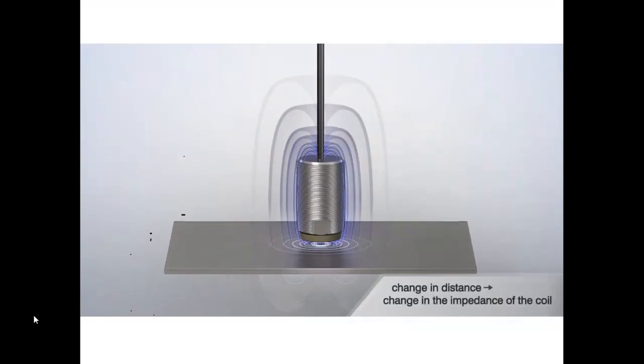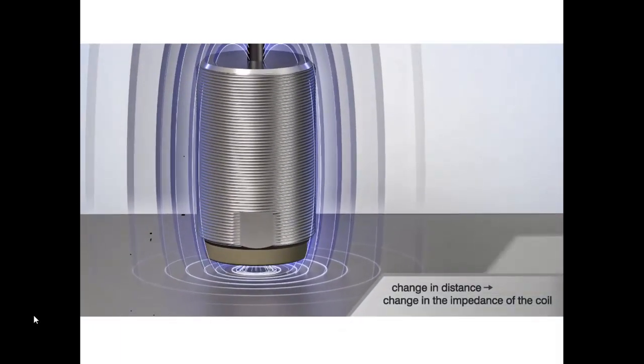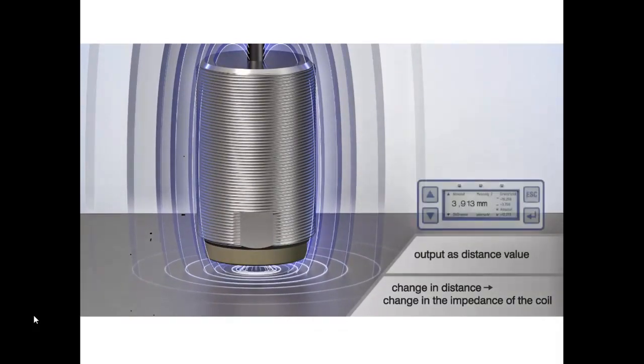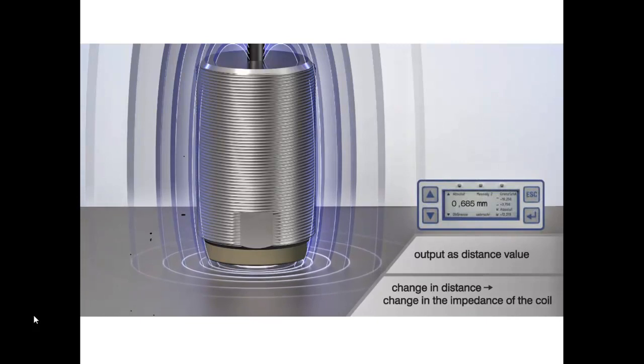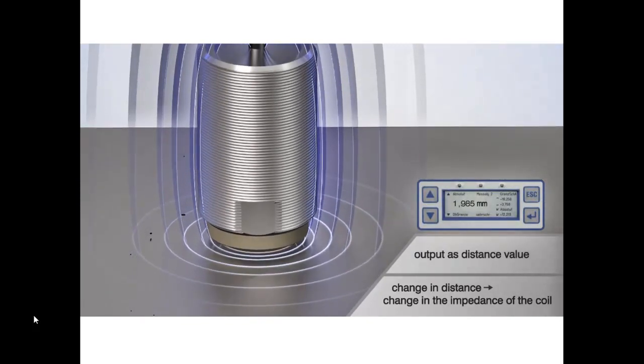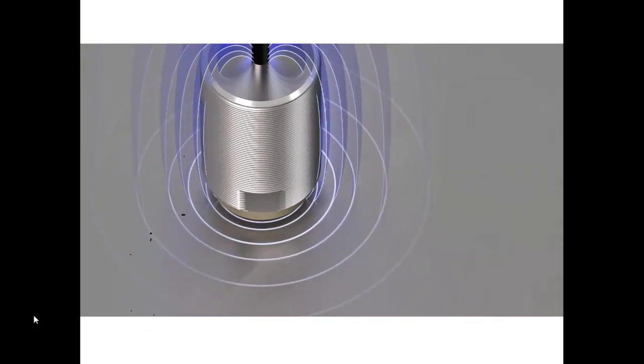Because of these currents in the form of concentric circles, you have again a magnetic field produced, which alters the impedance of the coil, or you can say the inductance of the coil. And this can correspond to the distance between the sensor and the object whose position is to be measured.